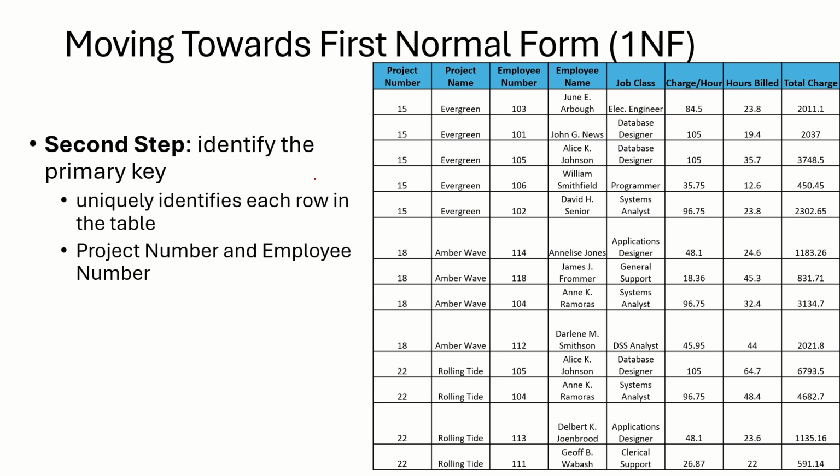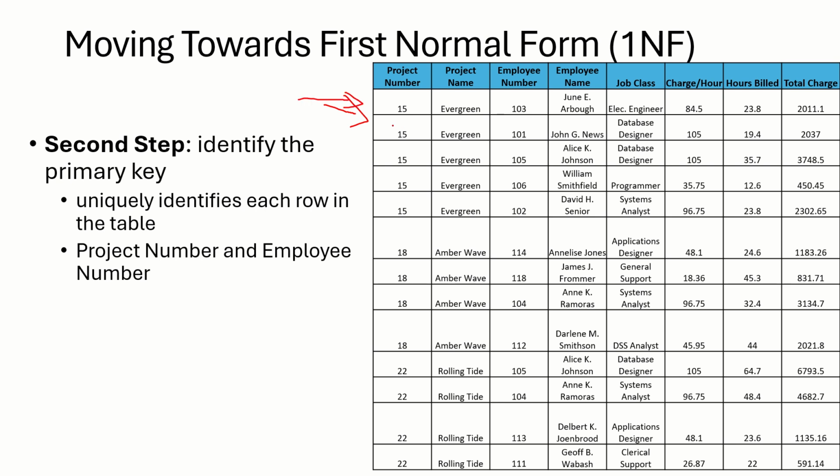Second, we need to identify the primary key. This is important. Once we have the first normal form, we need to confirm which attributes can be the primary key. As we said, a primary key should be unique, and uniquely identify each row.